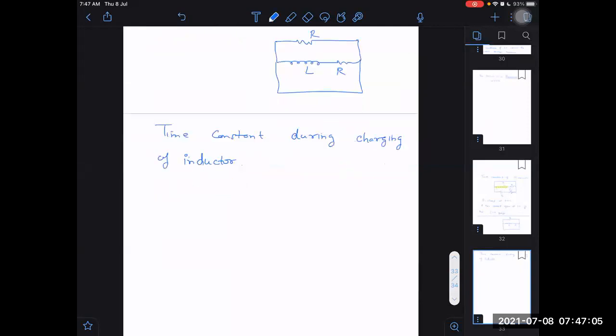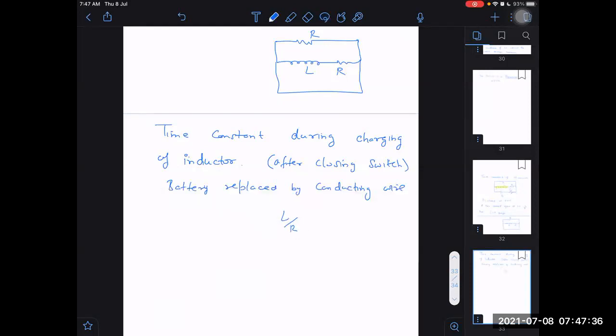So what is the time constant at that time? Or we can say, after closing the switch, we are finding the time constant after closing the switch. That is just L by R. How do we do it? The battery is replaced by a conducting wire.